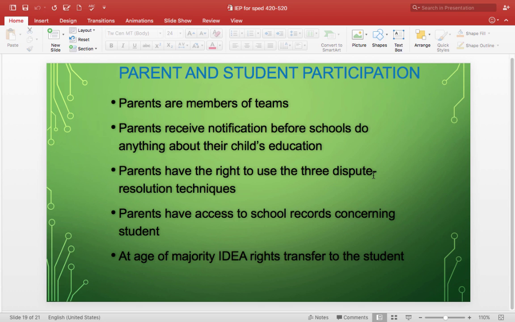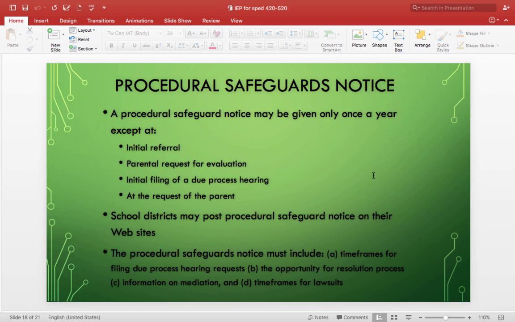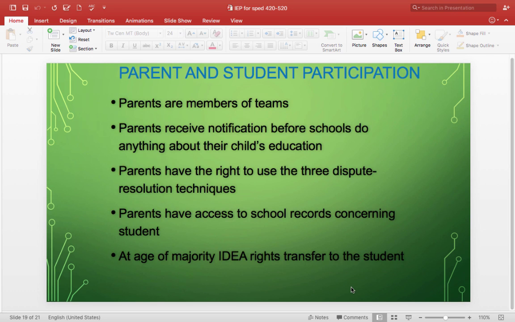We can't just go off and do it. And we have to realize that parents have the right to use dispute resolution techniques, which, if you look here at the bottom, we've actually got 4 down here, okay? So we've got time frames, we've got resolutions, we've got mediation, we've got lawsuits, okay?